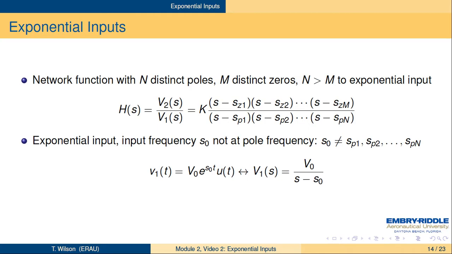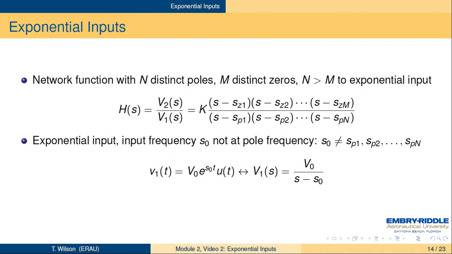So the exponential input has a frequency s naught, and let's presume it's not at a pole frequency. Earlier, we presumed they were distinct poles. We'll come back to that in a minute, but for now, let's just assume they are distinct. So if the input frequency is not at a pole frequency, now we have n plus 1 distinct exponentials in the output. The input is going to be some amplitude V naught e to the s naught t u of t.